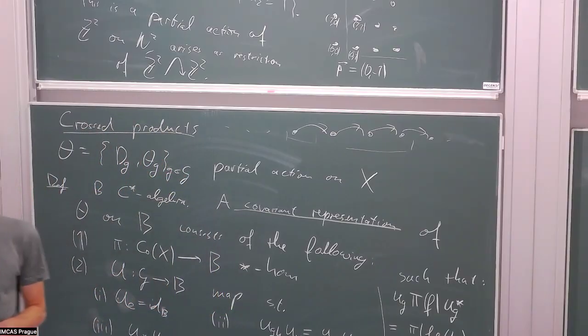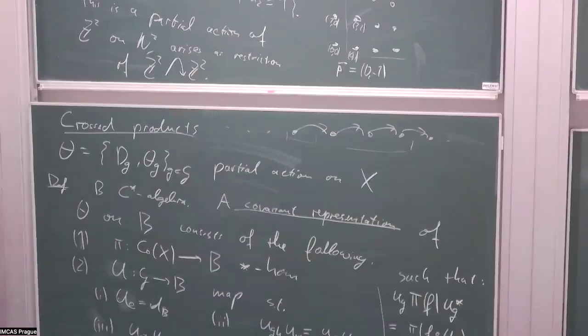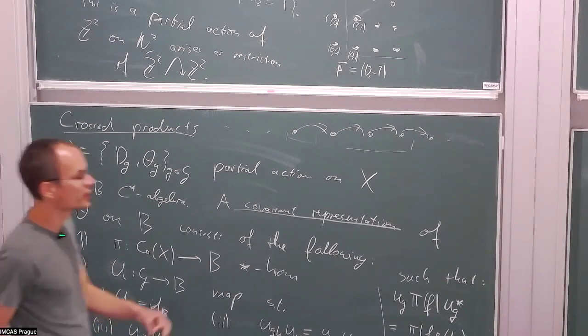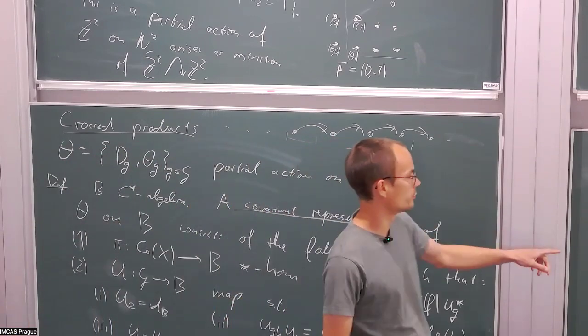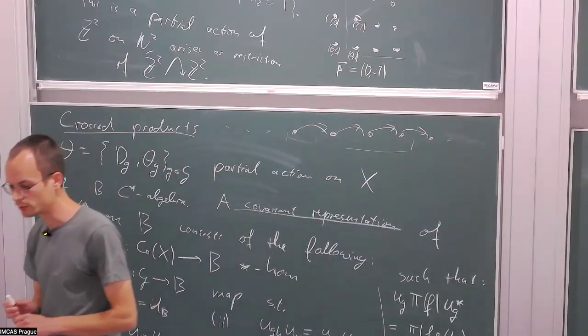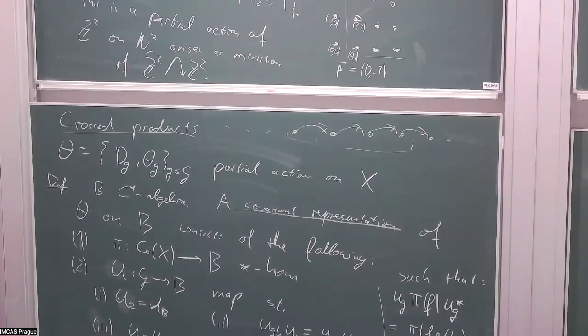Okay, that's confused me now. So the reduced one and the universal one still have the same universal property, but they are non-isomorphic? No, what I stated here is for the full one. This is the universal property. The reduced one does not have this universal property. I should probably say that they very often agree.